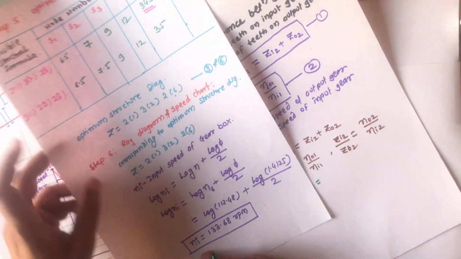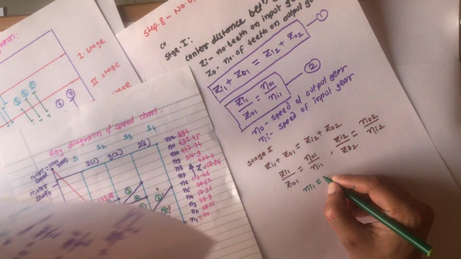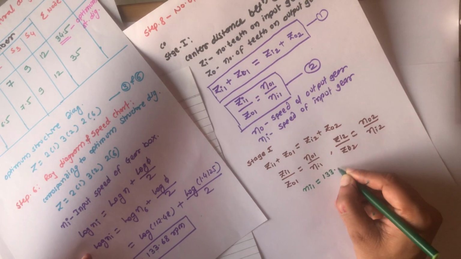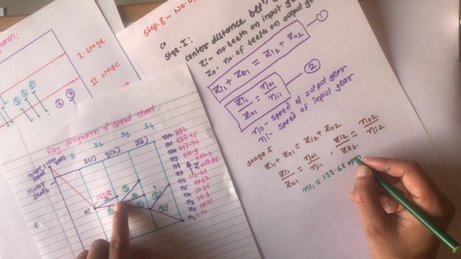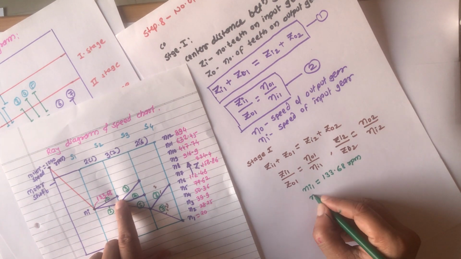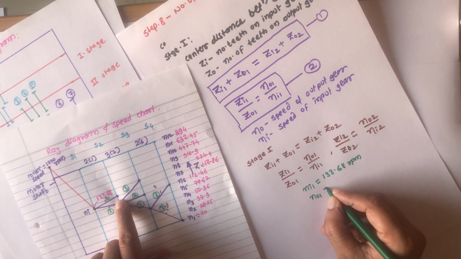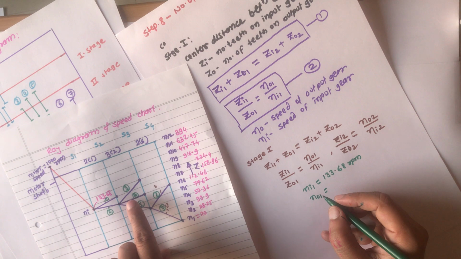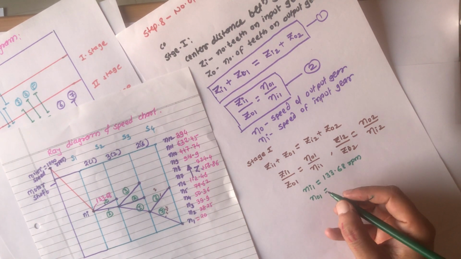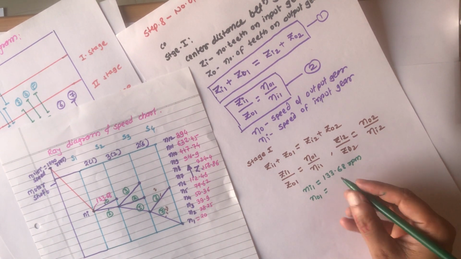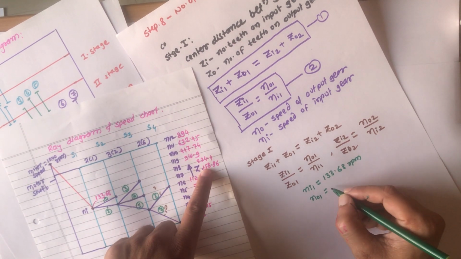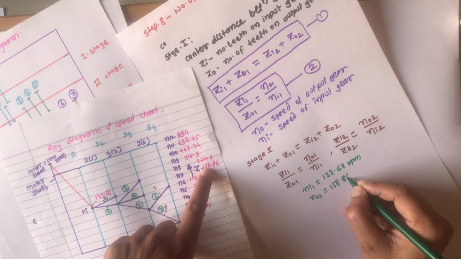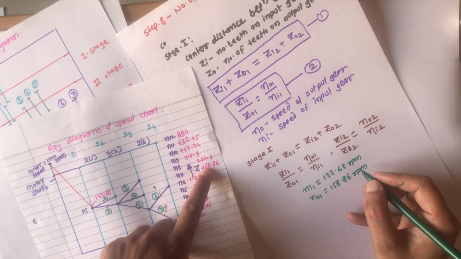Input speed Ni is 133.68 rpm, and the output speed of this gear, NO1, that is N7, is 158.86 rpm.